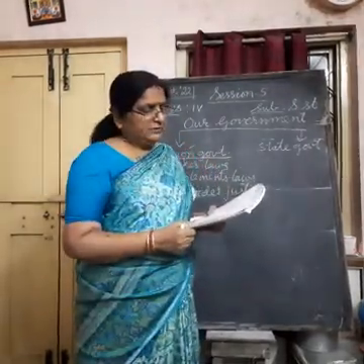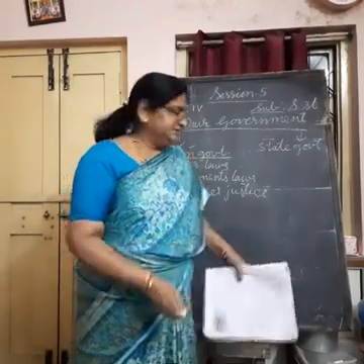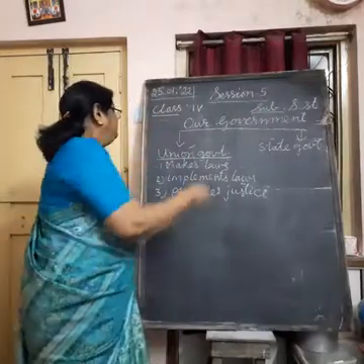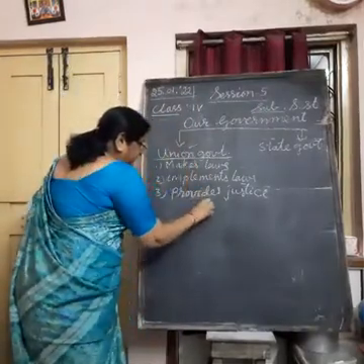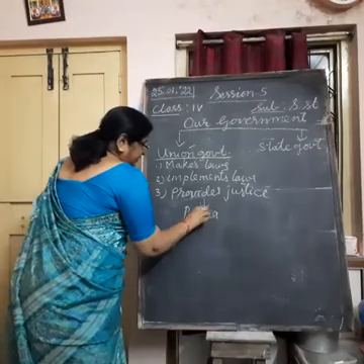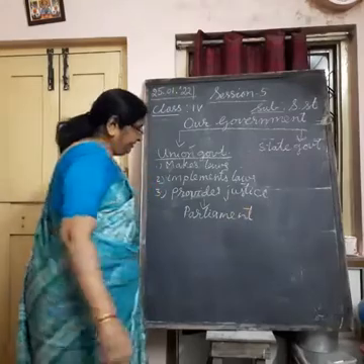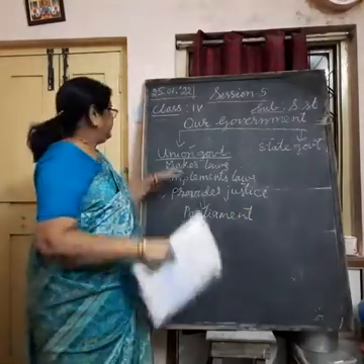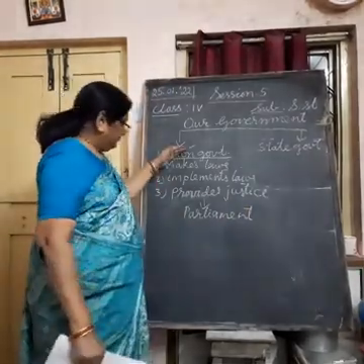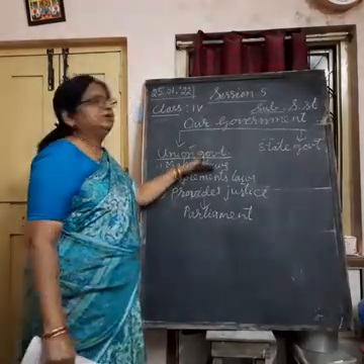The Parliament makes laws for the whole country. The Indian Parliament has three wings. So, Union government works through Parliament. Parliament is a unit under which the Union government works. Understand? Parliament makes laws.